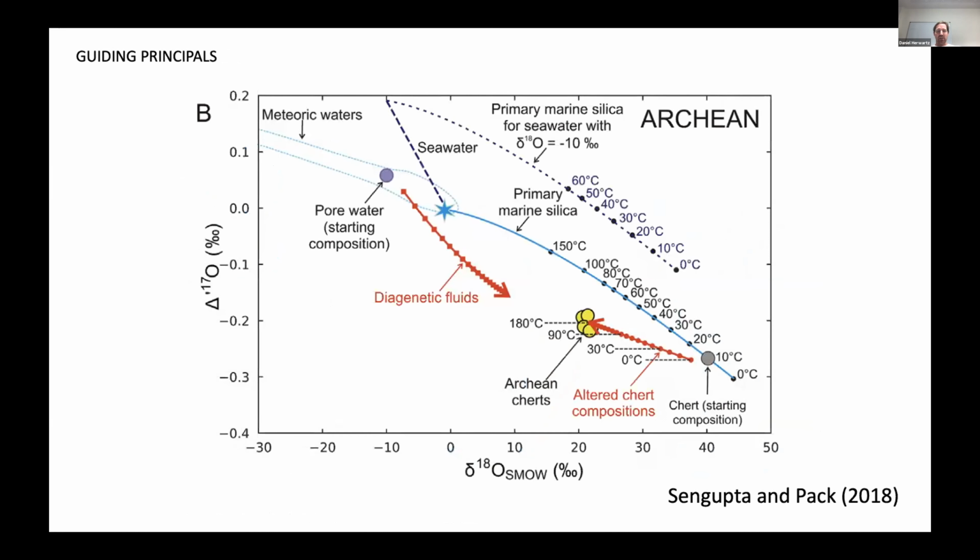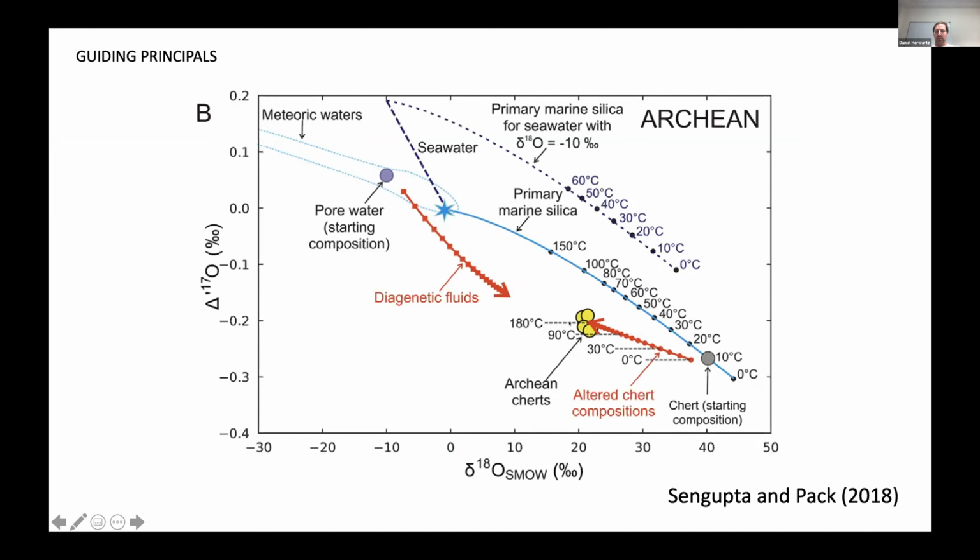So this is, for instance, from a paper of Sengupta and Pack in 2018, modeling the isotopic composition of ancient seawater from the model of Mühlenbach's extended for 17O, and they predicted that if seawater goes to negative delta 18O, your cap 17O increases, and they made a prediction for the cap 17O composition of cherts precipitated from such a low delta 18O ocean. And as you can see, this is higher than predicted from a modern ocean, and then the Archean cherts are even below that.